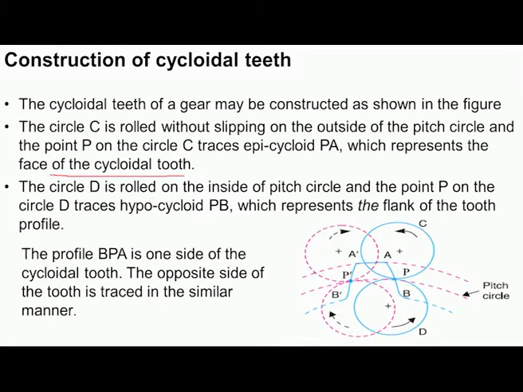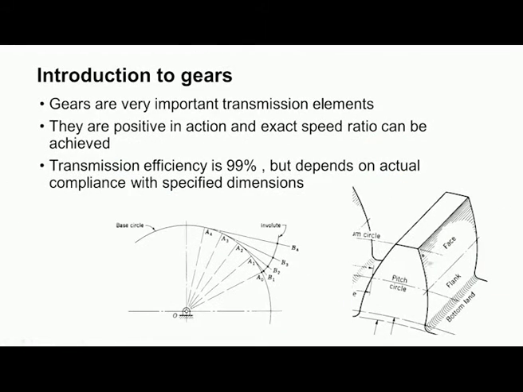The circle D is rolled on the inside of the pitch circle, and again we consider the same point P. The point P on the circle D traces hypocycloid PB. When it rolls in this direction, the point P traces this path PB, which represents the flank of the tooth profile. In this diagram, you can understand what is the face of the tooth and what is the flank of the tooth.